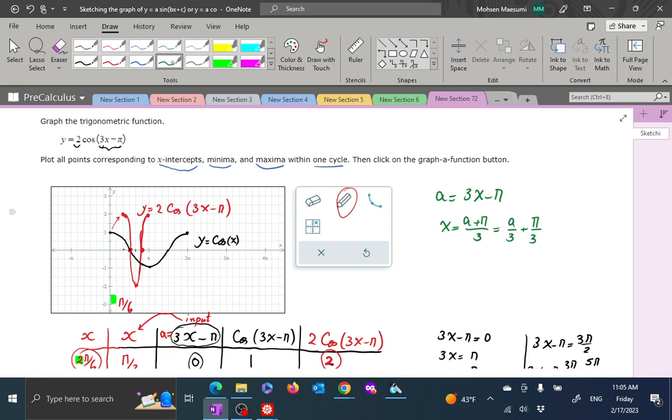Each of them means something. This one, if you do it this way, means compressed by 3. That's why this is a lot narrower than before. The cycle used to be 2 pi. Now the cycle is just 2 pi third. It got squished by a factor of 3.